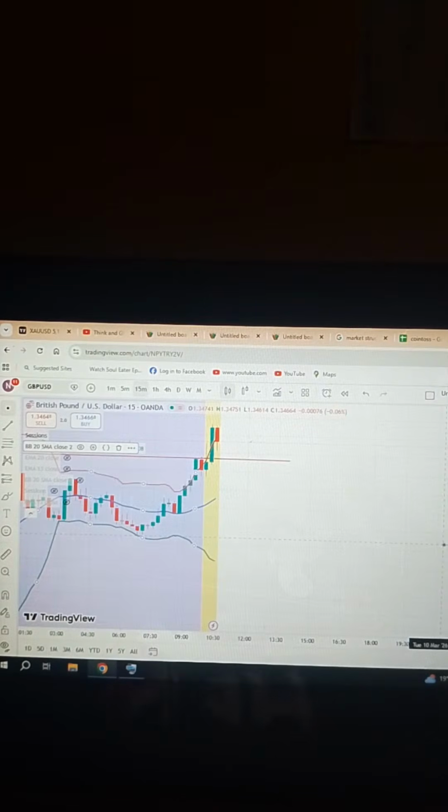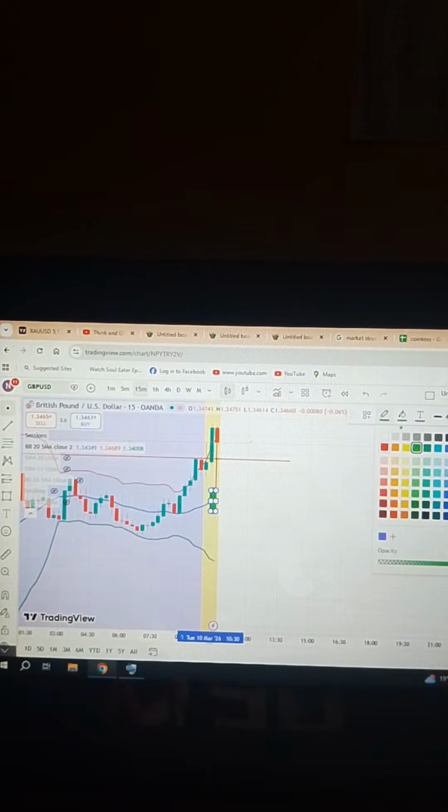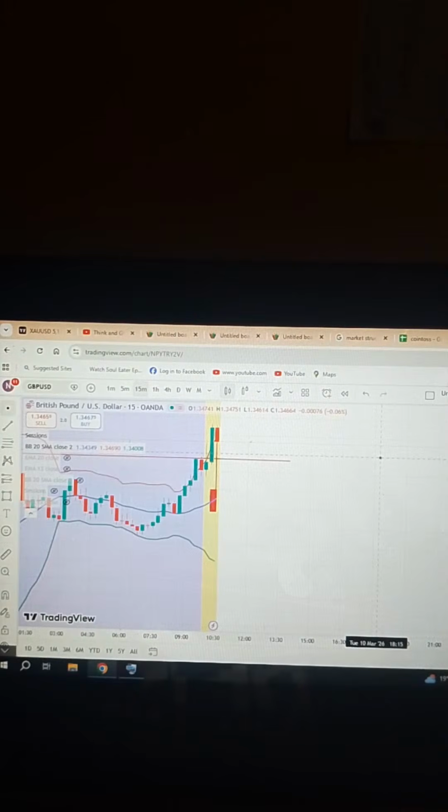So currently I am waiting for this candle to go down like this. Boom, boom, boom, boom. Then here, close. So then you say, oh, now I can sell. No, guys.